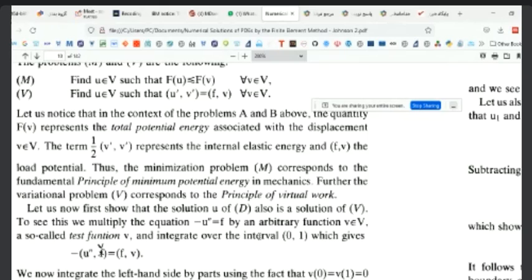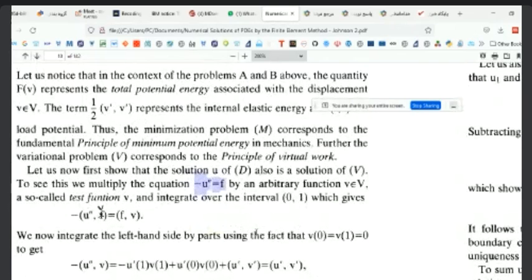We integrate over the interval 0 to 1, which gives the integral of minus U double prime V equals the integral of F V, because we multiply both sides of the equation by the same function.